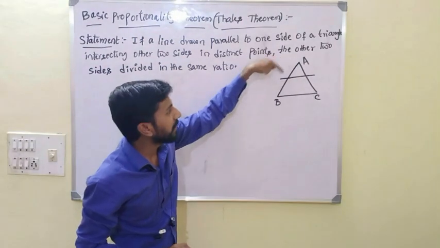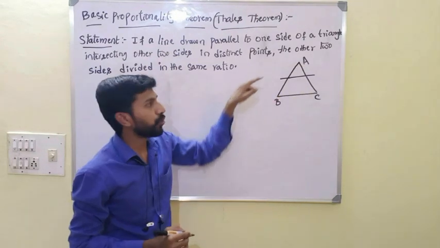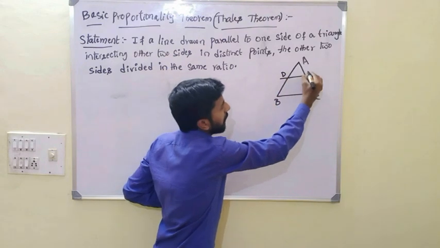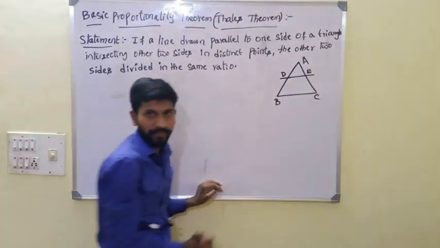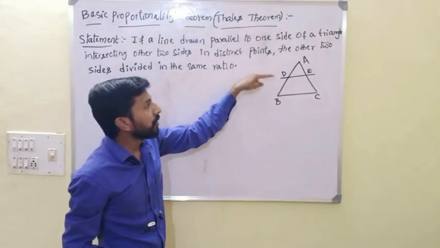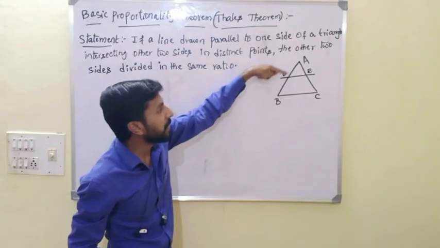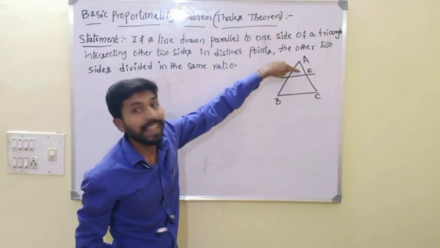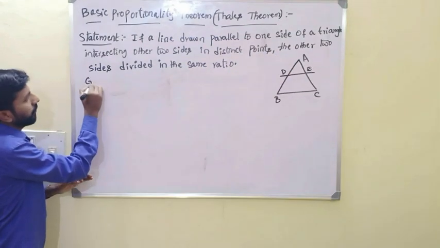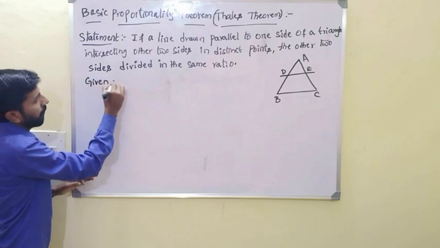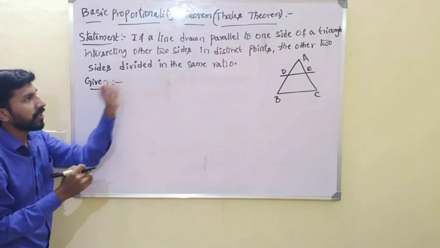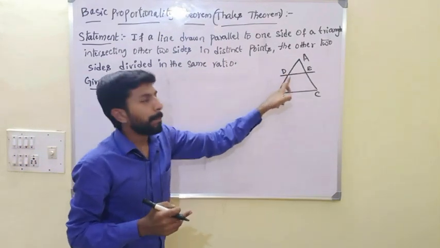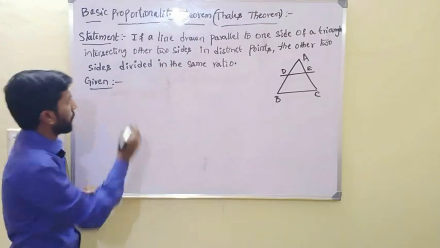Which are those two sides? AB and AC, at distinct points. Those distinct points I will take as D and E. Then the two sides AB and AC are divided in the same ratio. So in the theorem, what is given? ABC is a triangle and DE is the parallel line to BC.